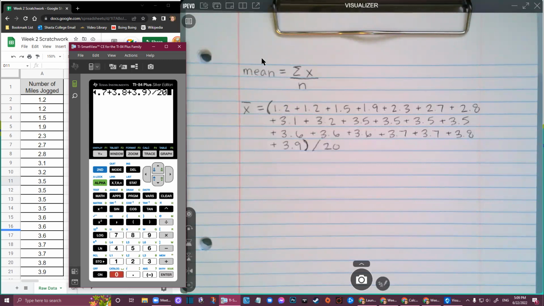Close parentheses, divide by n, and I get 2.99.